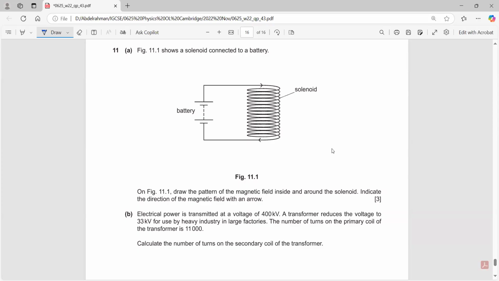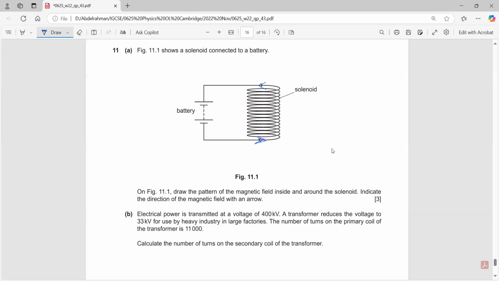So if the current was moving in this direction, using the right hand rule grip, my four fingers will move with the current in a clockwise or anti-clockwise manner, and the thumb will be pointing upwards.